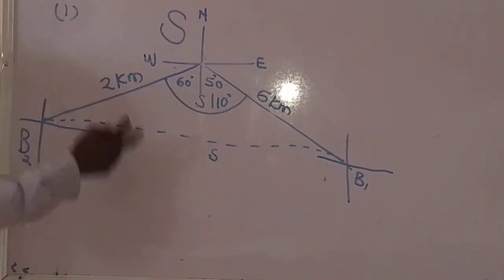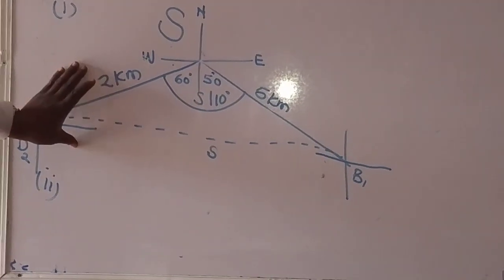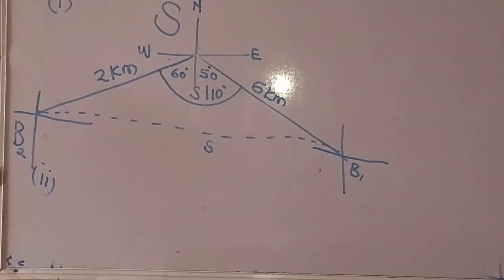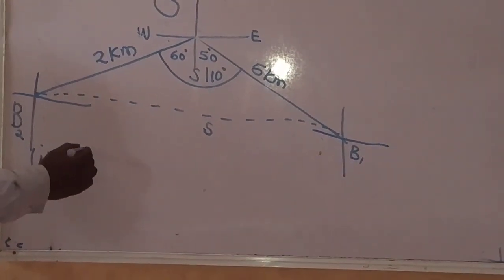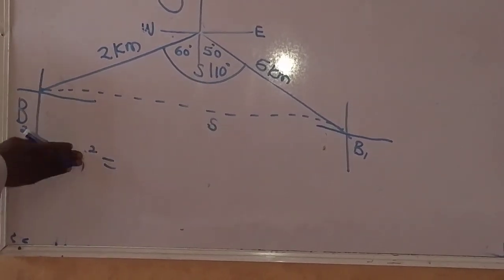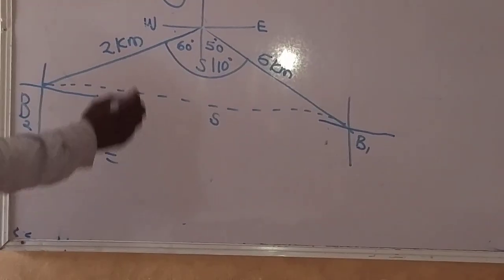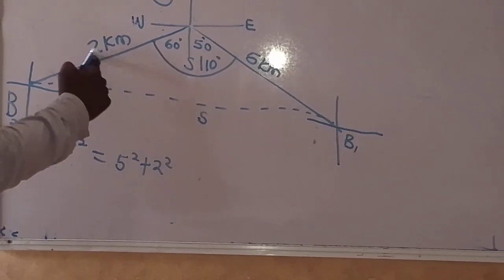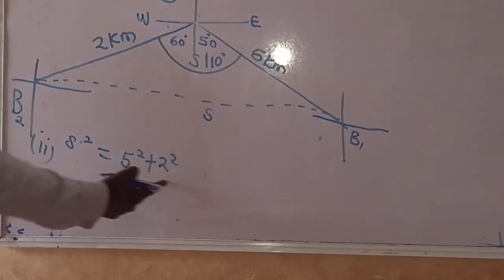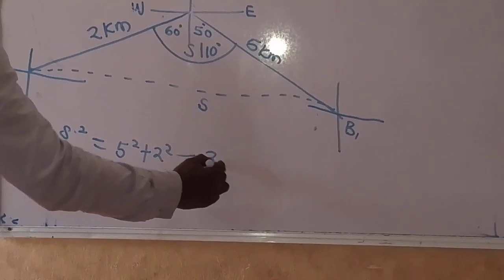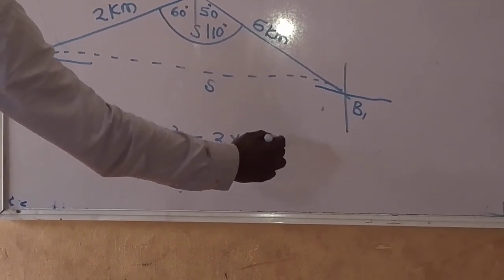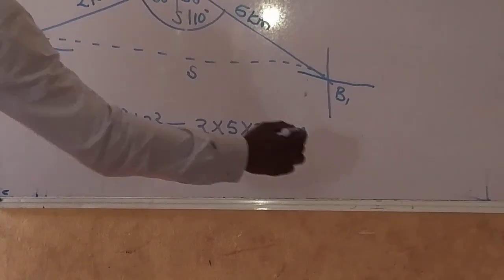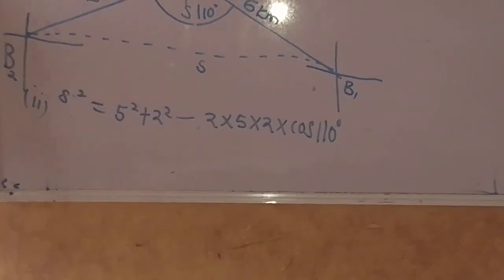When you see a diagram like this, it means that you have to apply the cosine rule. So if you have to apply the cosine rule, we have x squared, which is small letter s, equals 5 squared plus 2 squared, the sum of the squares of the distances, minus 2 times 5 times 2 times cos 110 degrees.